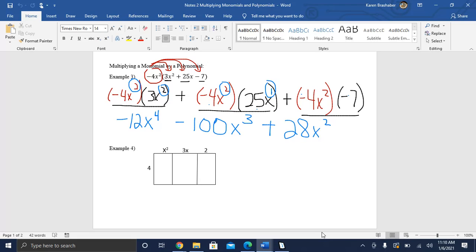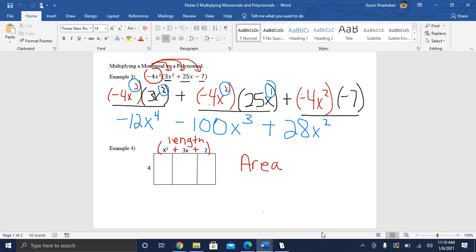Number 4, it's a little unclear what we're asking you to do, but we're actually asking you to find the area of this rectangle. And so we can think of this as one big rectangle where the top, if we add together those pieces, this could be the length.